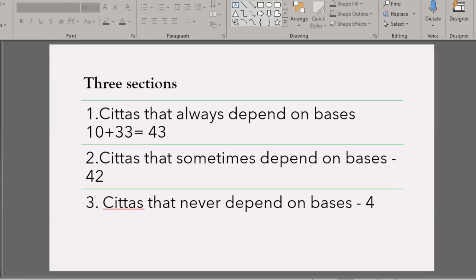And the main attention was to classify 3 sections: chittas that always depend on bases, chittas that sometimes depend on bases, and chittas that never depend on bases. Now you can see those numbers. Chittas always depend on bases.